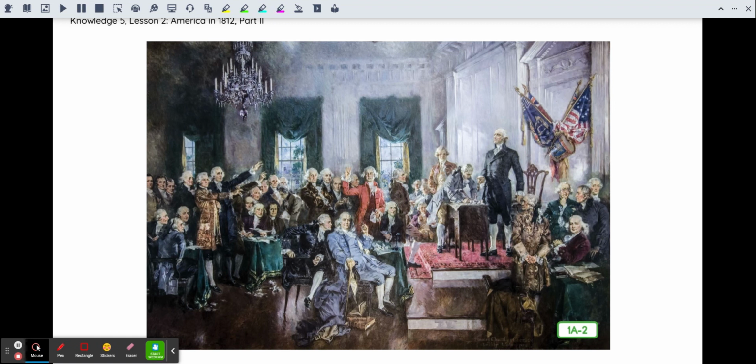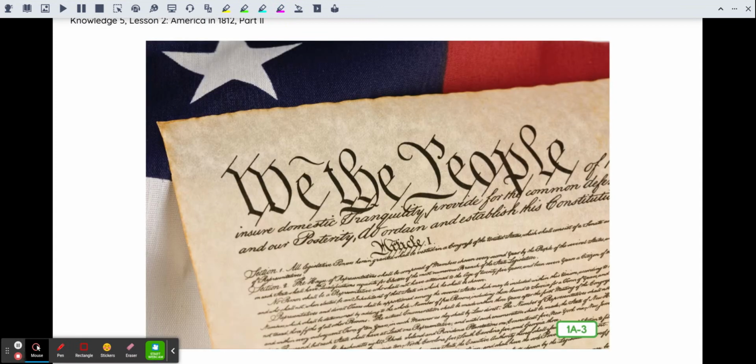This image shows the Constitutional Convention. Do you remember what you learned from the read aloud about the Constitutional Convention? Now we have an image of the Constitution. Do you remember what you learned about the Constitution? Remember, it starts with "We the People."